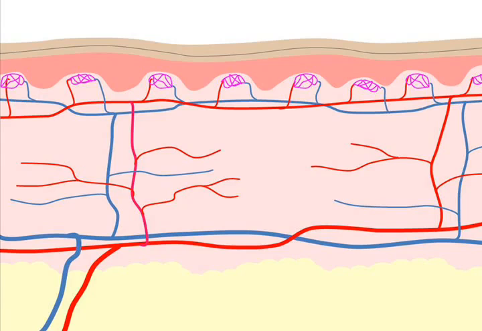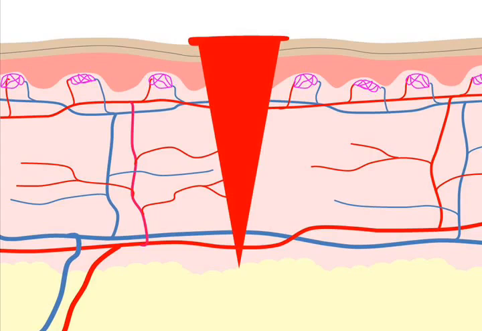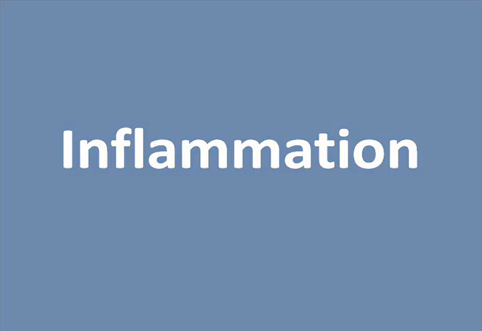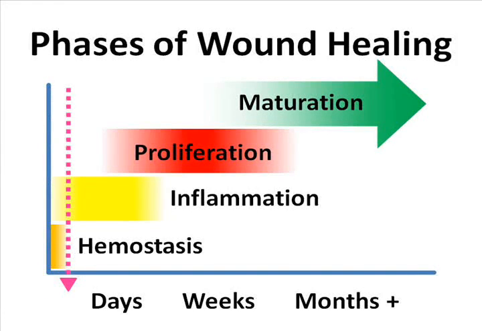So generally speaking, when the skin is injured, for example by a cut or a puncture wound, after the bleeding is stopped, a blood clot is left within the tissue, and a scab will usually form over the wound in the first few days. The beginning of the inflammation phase is marked by the migration of white blood cells into the wound.